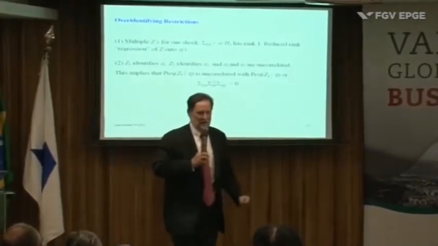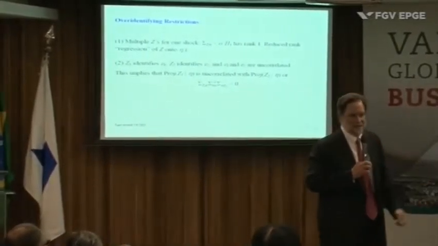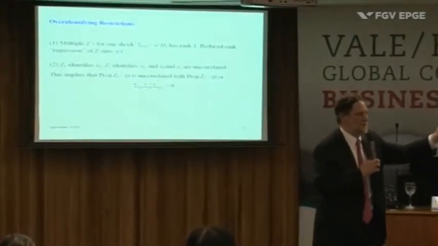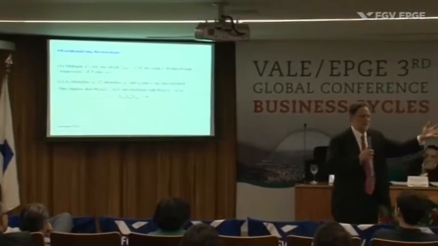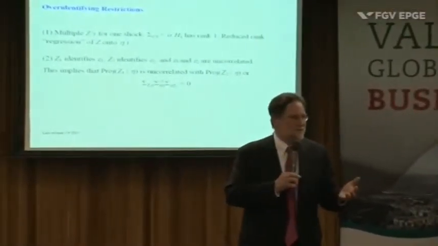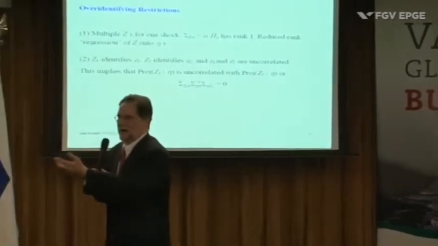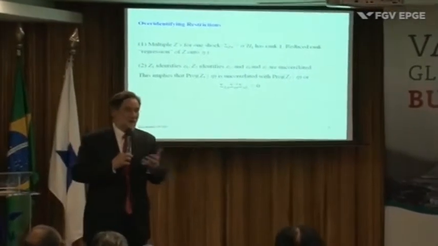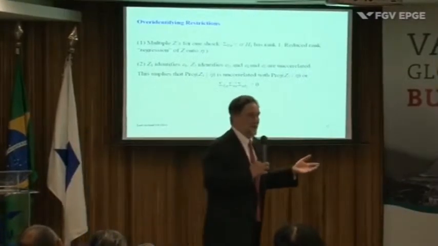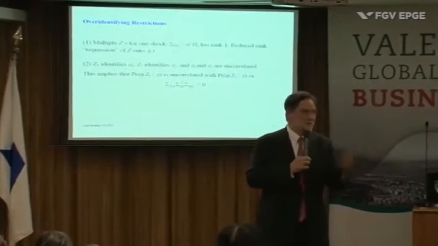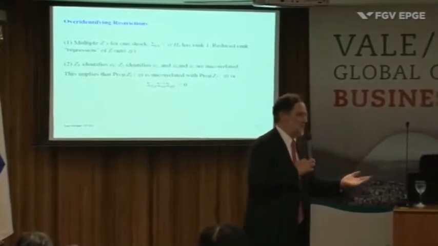Sometimes researcher A says, I have a monetary policy instrument; I read the minutes and it's this. Someone else says, I have a monetary policy instrument; I did some modeling and I've got that. If both are right, you can identify the monetary policy shock using instrument 1 or instrument 2, and you better get the same monetary policy shock.